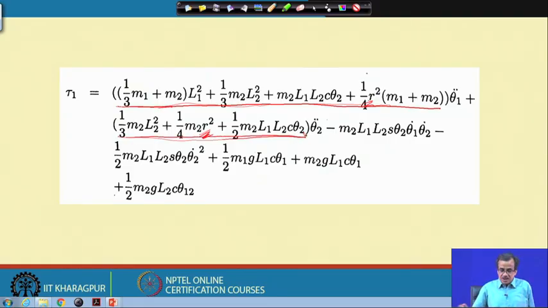Now, then come the terms involving theta 1 dot, theta 2 dot, then theta 2 dot square.